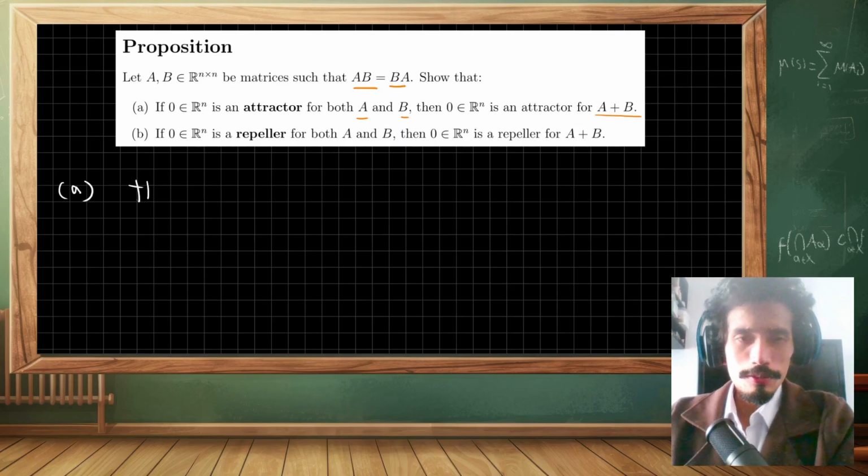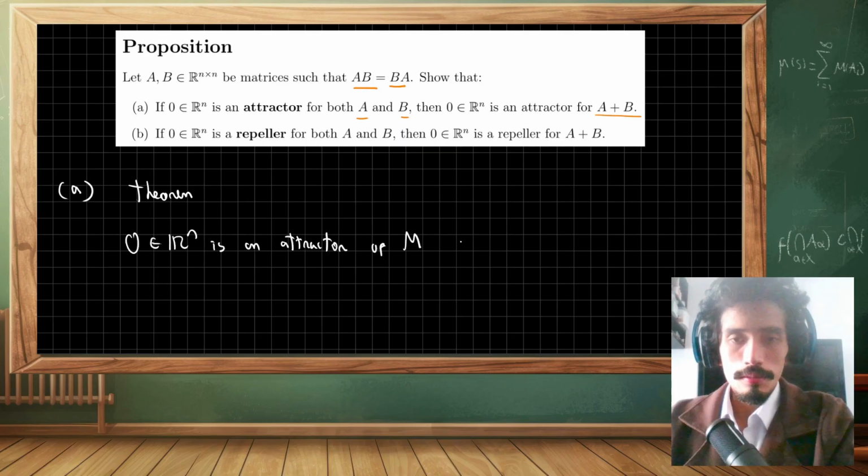So to prove this, we will use this theorem that tells you that the origin is an attractor of some matrix M if and only if there exist two constants.